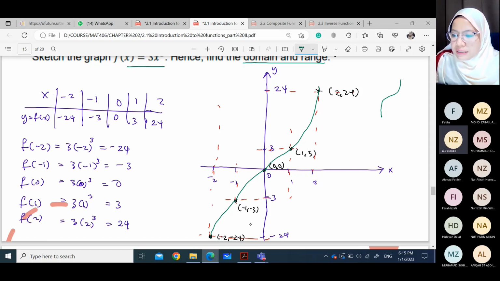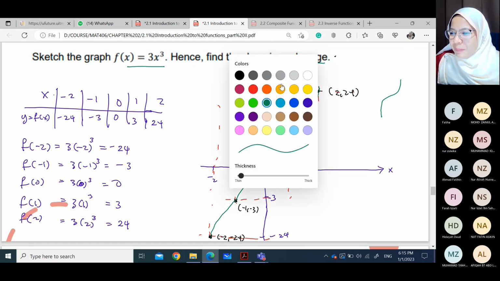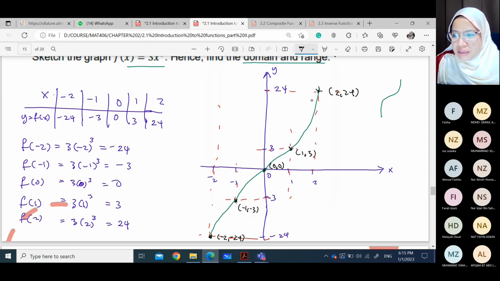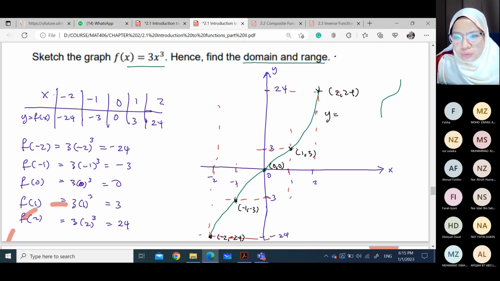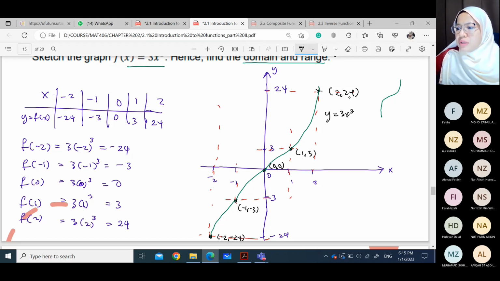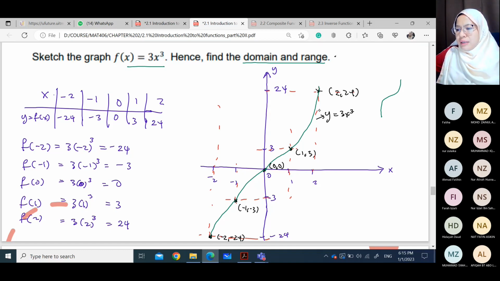Dari bawah ke atas ke bawah boleh je kan nak sambungkan dia punya garisan tu. Boleh, tak ada masalah. Okay, janji betul. Alright, so this graph, we can say that this graph is about y equal to 3x cubed. 3x kuasa 3. Yang inilah graf yang ni.